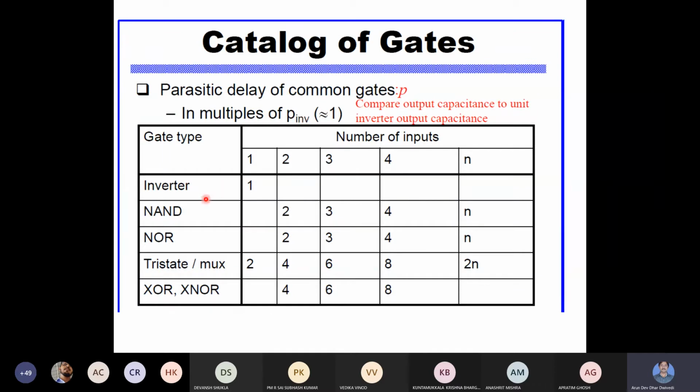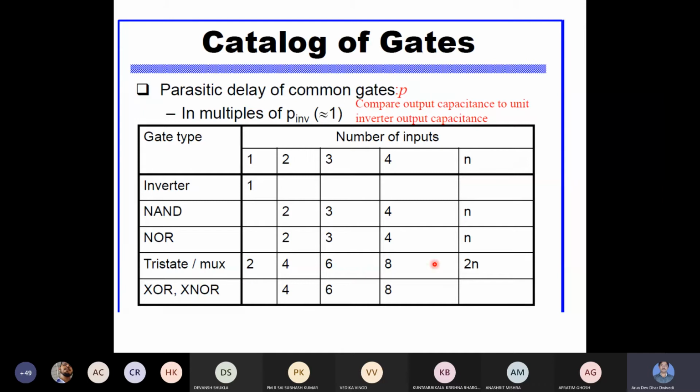For a NAND gate, the generalized formula depends on the number of inputs: if it is n inputs, then n into the parasitic delay of one inverter, so n into 1. So 2 inputs is 2 into 1, 3 inputs 3 into 1, 4 inputs 4 into 1. For the NOR gate also 2 into 1, 3 into 1, 4 into 1. So for n inputs, n is the value.